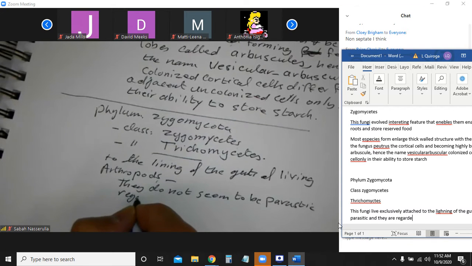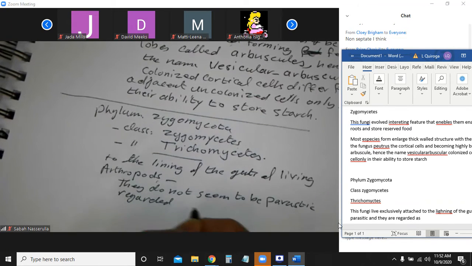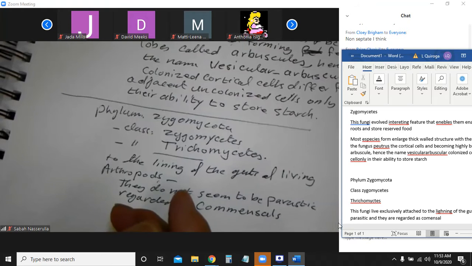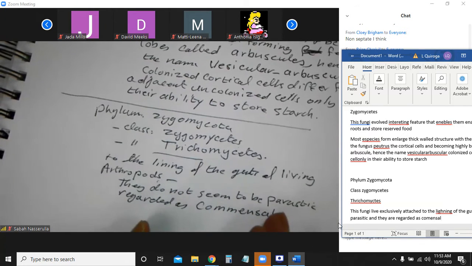Simply, commensals, you can put between two brackets, are two organisms living together without either one causing harm to the other.